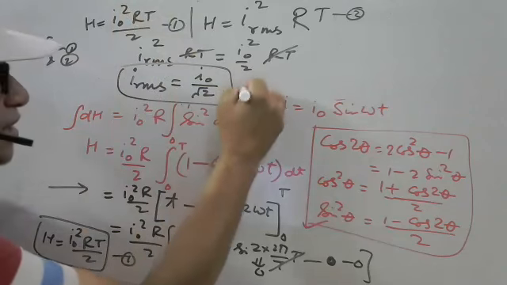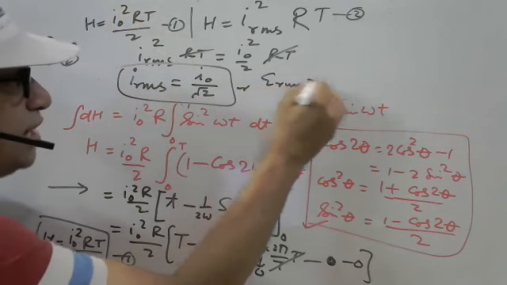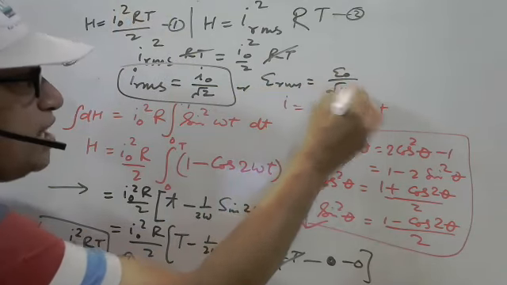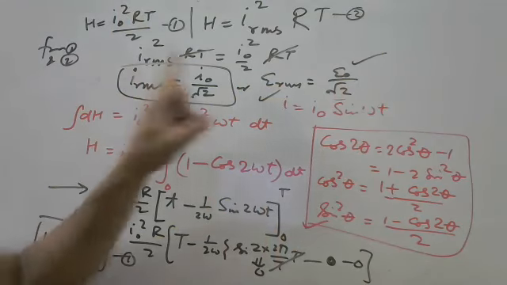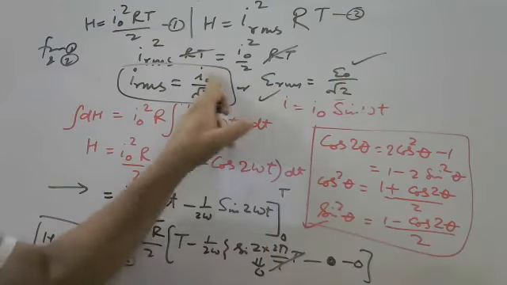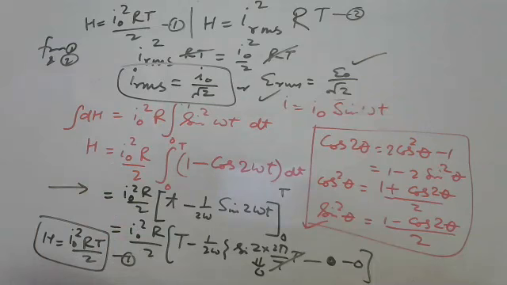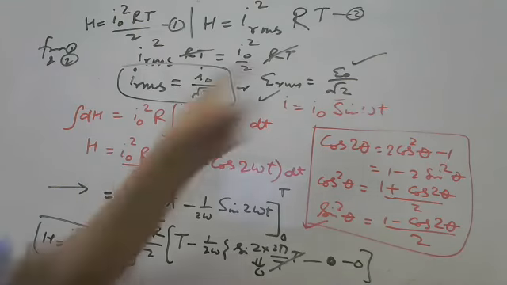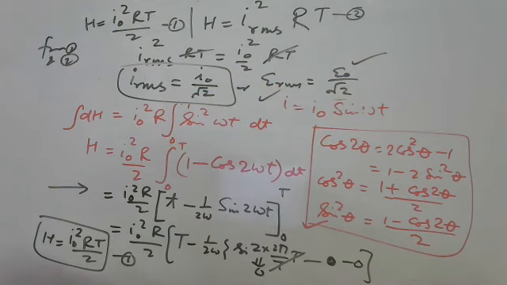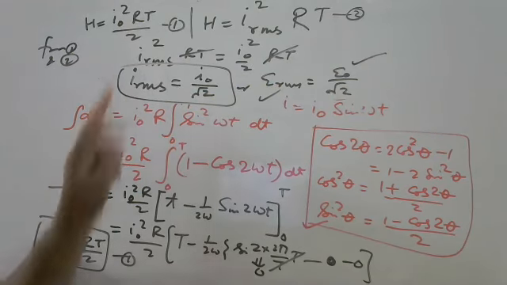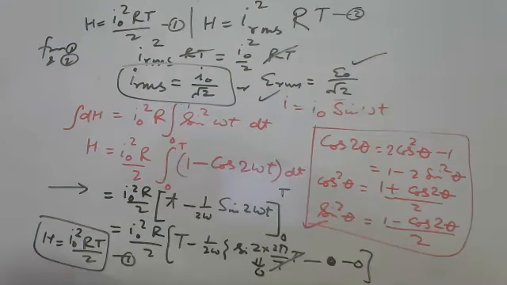Or simply we can write here E RMS also like this, E naught upon root 2. There is a relation between the RMS value and the peak value, or maximum value, or amplitude. I naught is also called maximum value or peak value or amplitude. Similarly, E naught is also the maximum value, and this is the RMS value. The RMS value is sometimes called the virtual value or effective value.